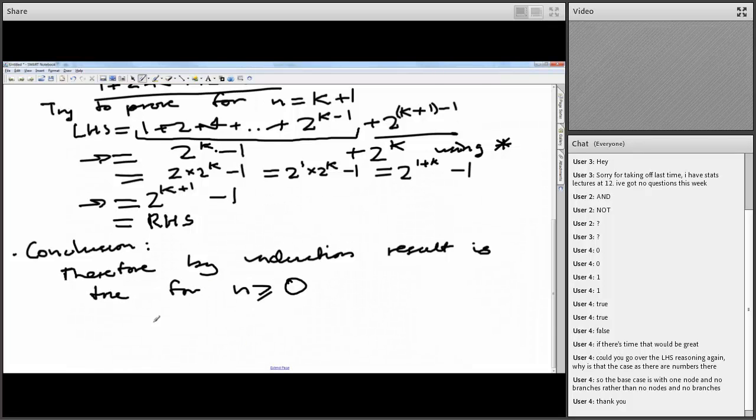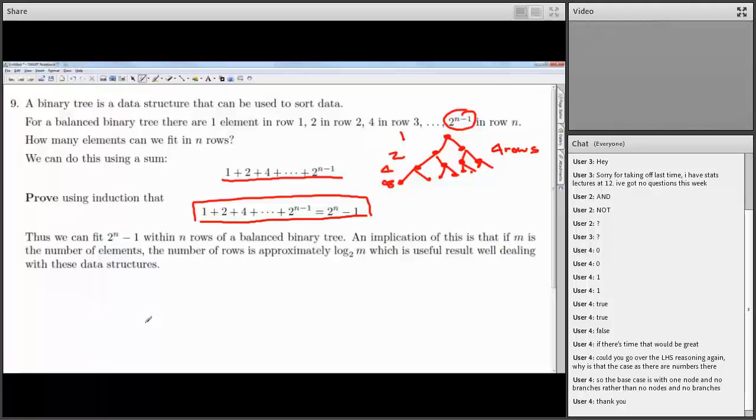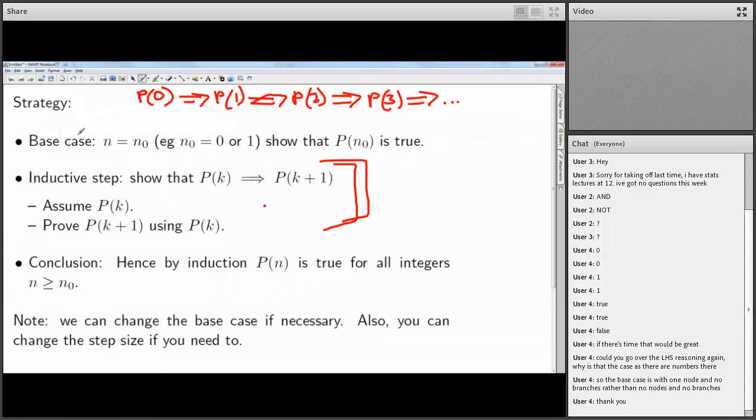So just recapping, the strategy is you have a statement that's dependent upon counting numbers in some regard. You prove it for the smallest value of n that you really want to be concerned about, usually 0 or 1, but other things are possible. Then you do the inductive step, which requires you to assume the result's true for n equals k.